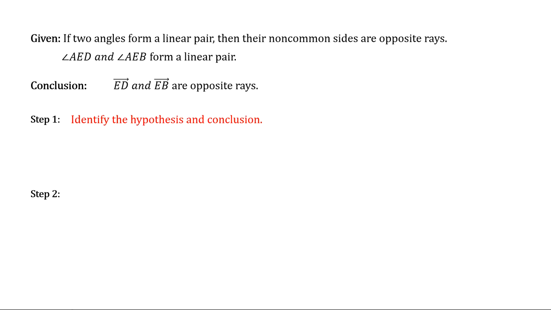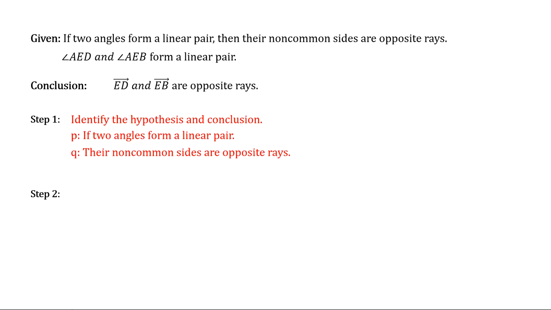If you want to draw out an example of it so you can see, obviously do that. So if two angles form a linear pair, that's the P part of our conditional statement. The Q is their non-common sides are opposite rays, which, if you remember what opposite rays are, are two rays that have a common endpoint that go off in different directions, and then they're going to have a common side because it's a linear pair, so they're going to form a line.